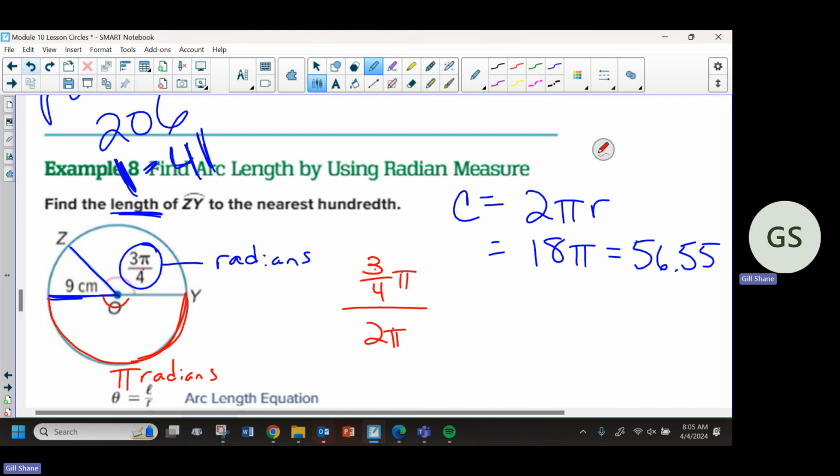And then divided by 2 pi is pretty simple. Oh, I didn't get the right answer. I got 3.701 if I just did 3/4 pi divided by 2 pi. Oh, that's not right. Because now do 0.75 divided by 2. That's what you should get.